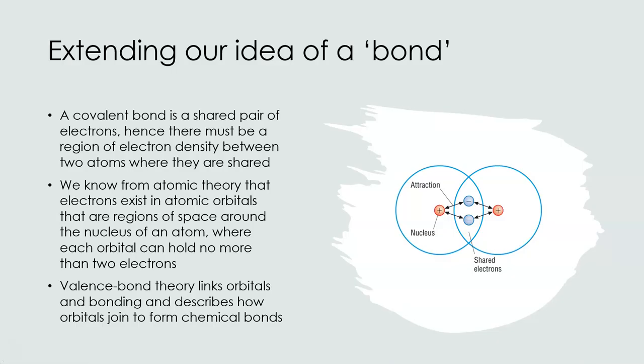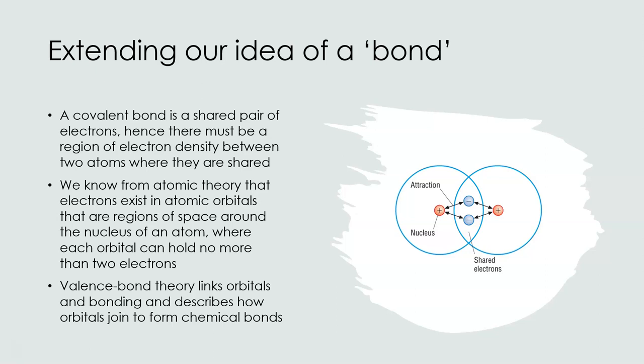As we've said, with a covalent bond, we have the electrostatic attraction between a shared pair of electrons and the two nuclei involved in the bond. So essentially there must be a region of electron density between the two atoms where they're shared.